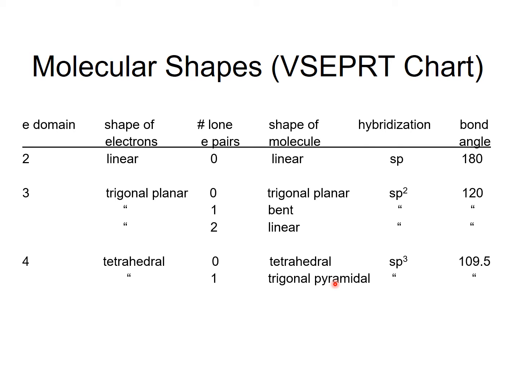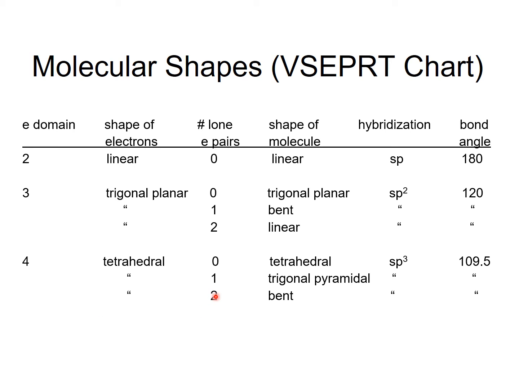Although I suspect that you really should have covered this in general chemistry, so this should be review. I'm guessing that you probably had to memorize not just the tetrahedral, but also octahedral and trigonal bipyramidal. Hybridization is sp3, bond angle is still 109.5.